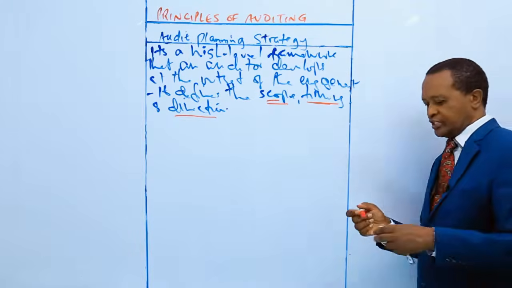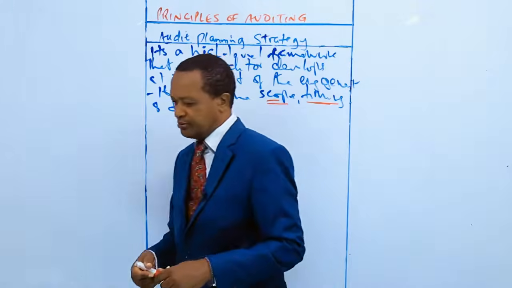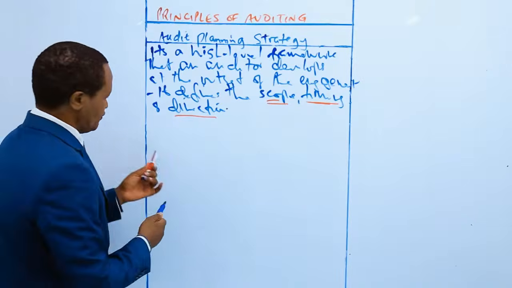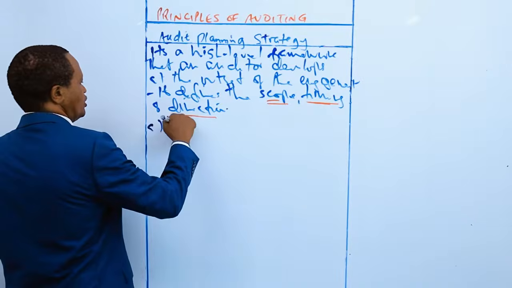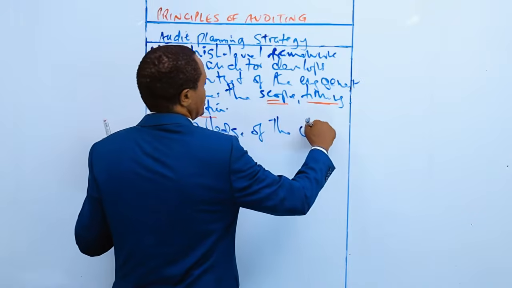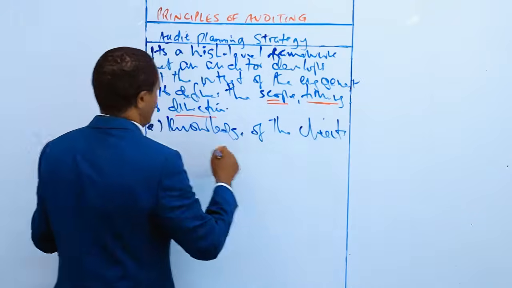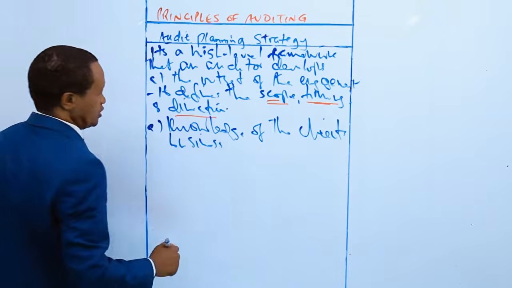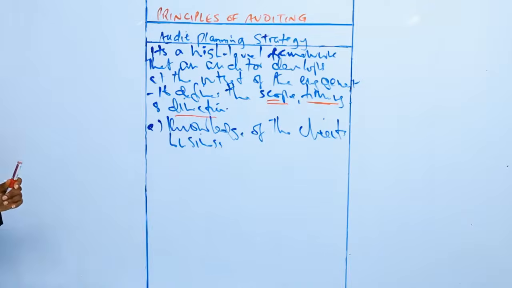And these key considerations include what we have here in the syllabus: 1, knowledge of the client's business. I want you to understand, candidates, that an effective audit planning strategy involves several key considerations that guide the auditor's approach.